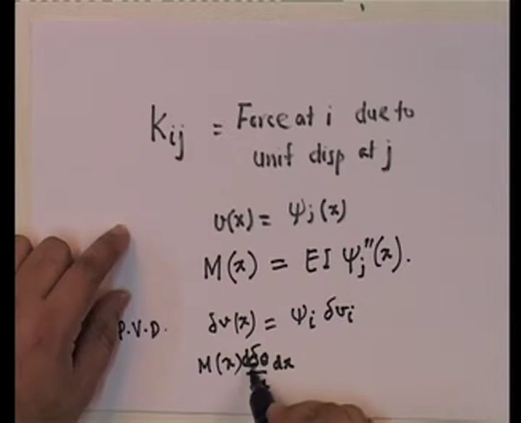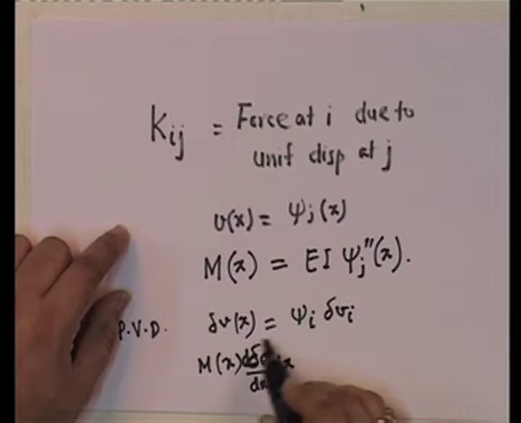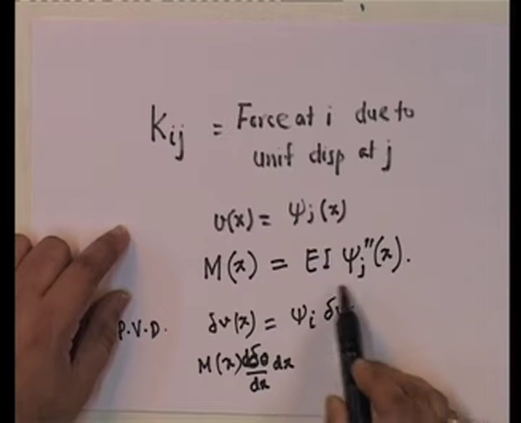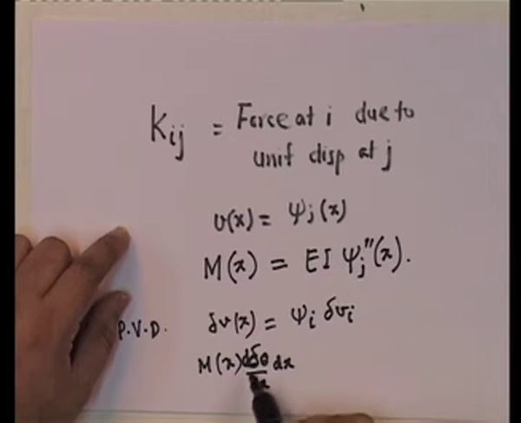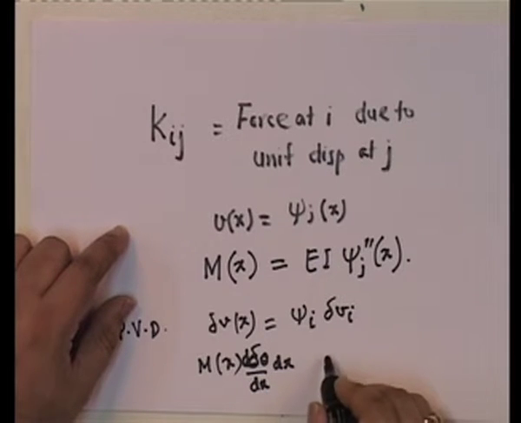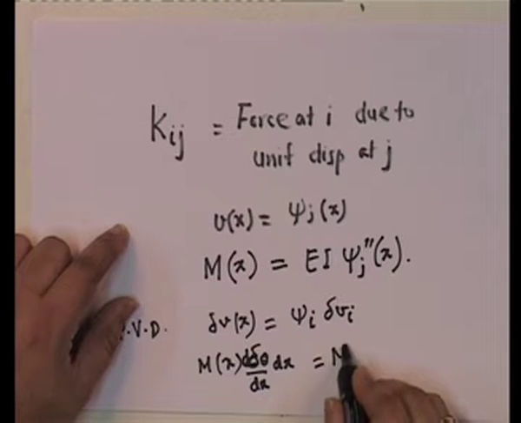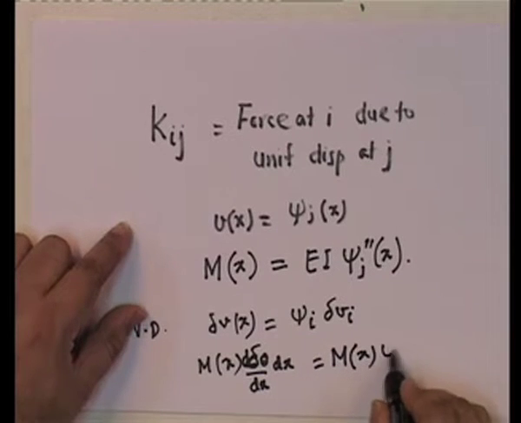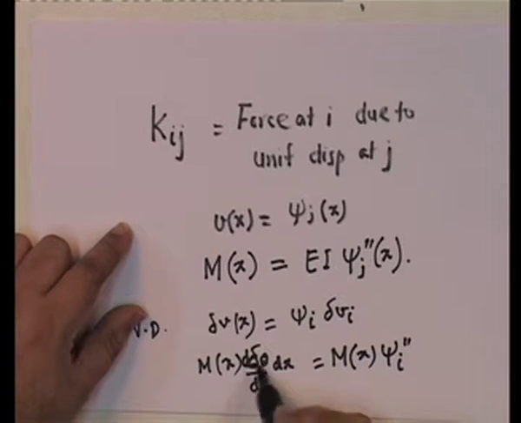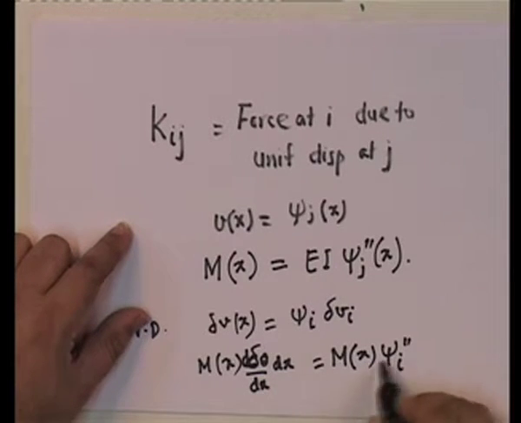This one refers to the change of the virtual angle due to this virtual displacement. And we know that that is equal to what? This is equal to m x into xi I double prime, because the rate of change of theta is nothing but curvature into dx.